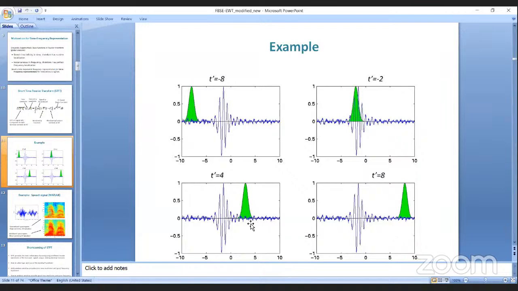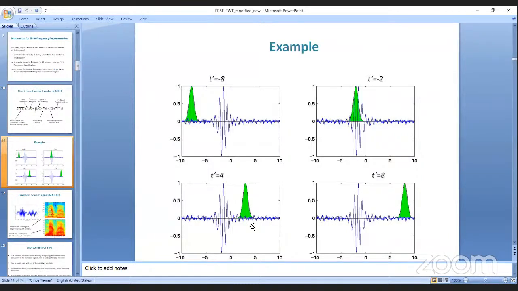Then by shifting to t dash equal to 4 or 8, different regions are isolated from the signal. You apply the Fourier transform and it gives you the spectrum of each region, and the arrangement of these spectrums gives you the short time Fourier transform, STFT.